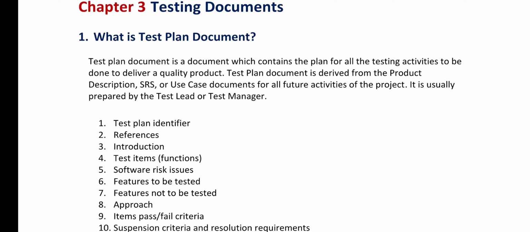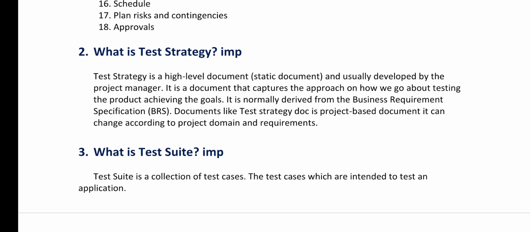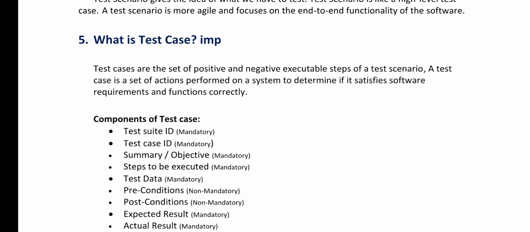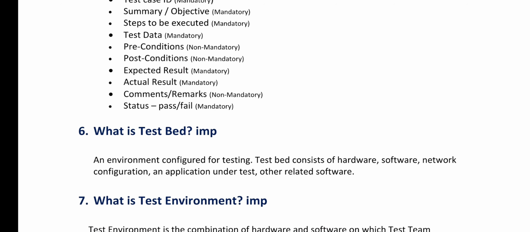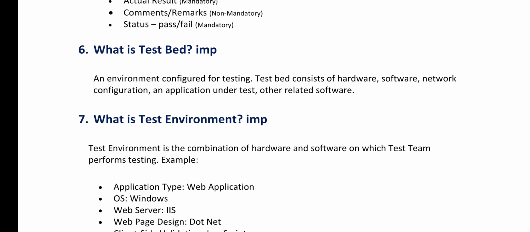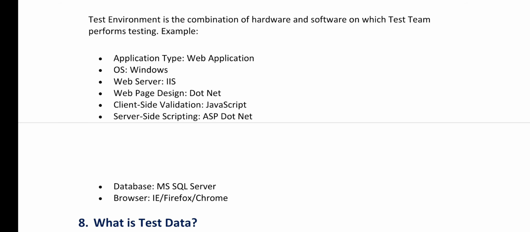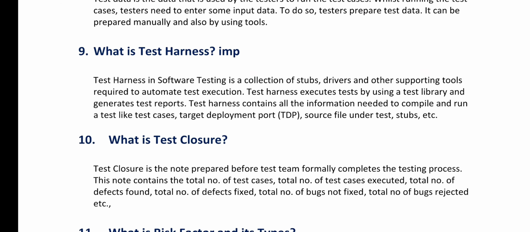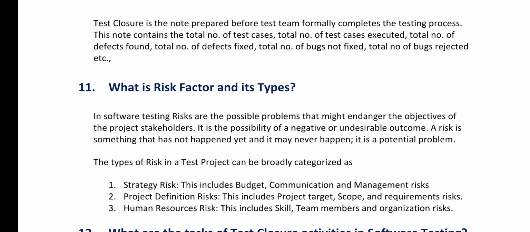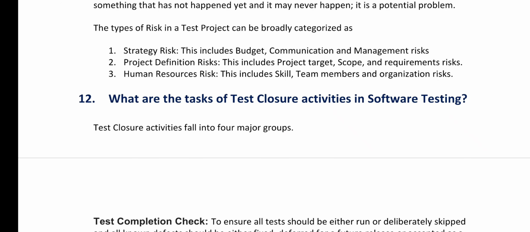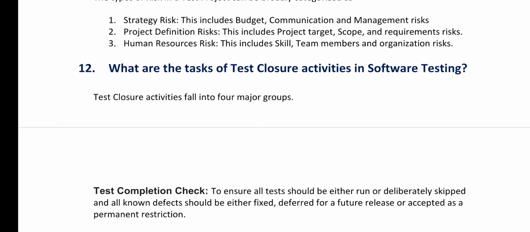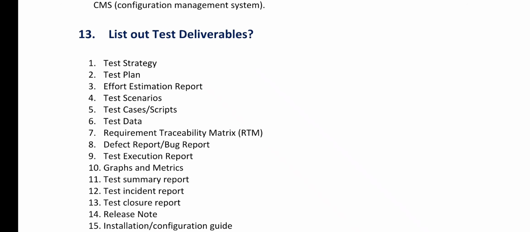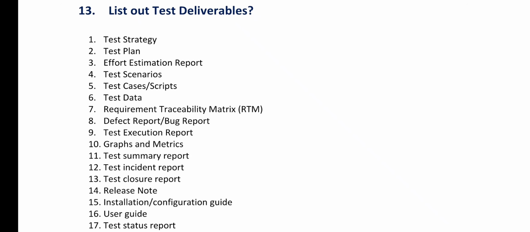That's what is a test plan document, what is a test strategy, what is test suite, what is test scenario, what is test case, and what are the components of a test case, what is test bed, what is test environment, what is test data, what is test harness, what is test closure, what is risk factor and its type, and what are the tasks of test closure activities in software testing, and what are the test deliverables after completing the testing.